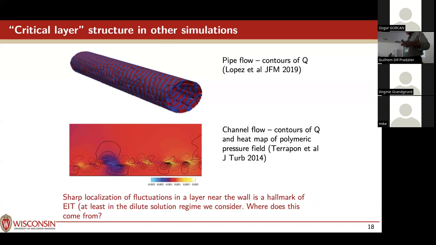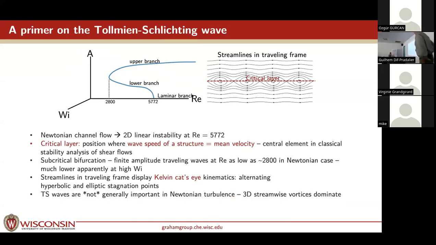So where does this come from? Many of you are probably familiar with classical linear stability. In Newtonian channel flow, there's a linear instability at Reynolds number 5772, where the so-called Tollmien-Schlichting wave goes linearly unstable. The critical layer there, again, is where the wave speed of the perturbation is equal to the mean velocity.